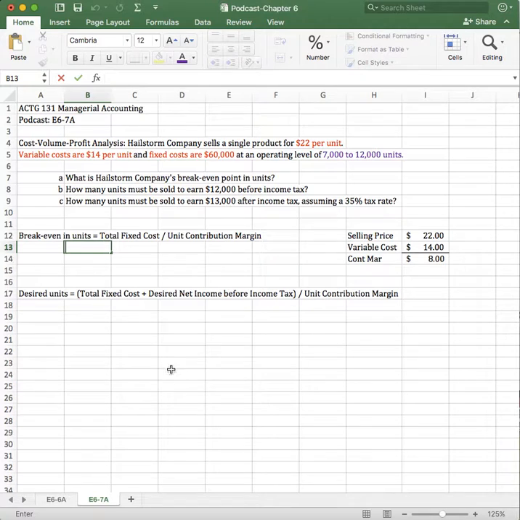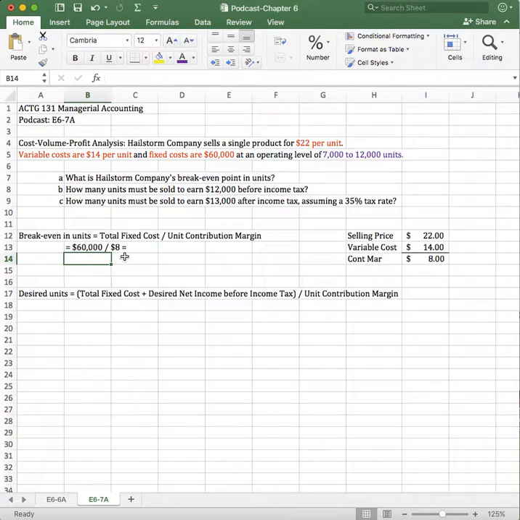So let's see what we get when we put it in the formula. So again, $60,000 represents the fixed costs, and we're going to divide that number by the $8, which is the contribution margin. So that's what the equation's going to look like.